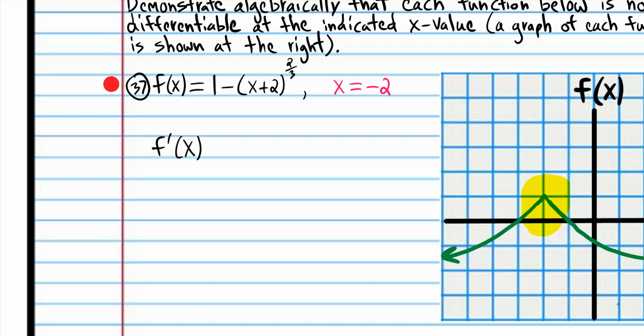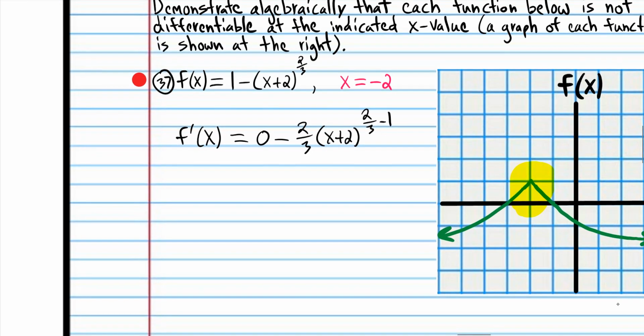So the derivative of a constant is 0, and the derivative of a constant multiplied by a function is just the constant times the derivative of that expression. But we don't have to write that. The derivative of this is 2/3 times x plus 2 to the 2/3 minus 1 power. So we use the power rule. But we have a function inside another function.